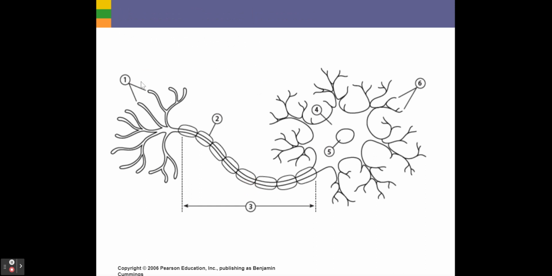So here's your basic nerve. Here's the cell body here in the center. This is the nucleus. All right. These little pieces that extend away from the cell body are the dendrites. These are the ones that are receiving information coming in from maybe another nerve cell or other receptors. All right. This is essentially the nerve fiber itself extending away from that, and then this is the axon out here at the end.